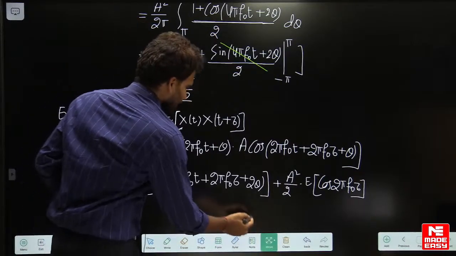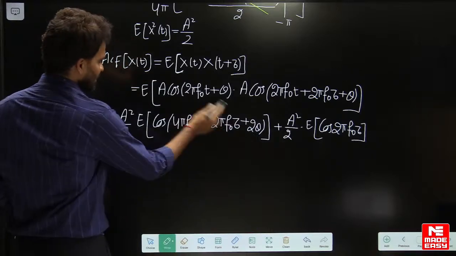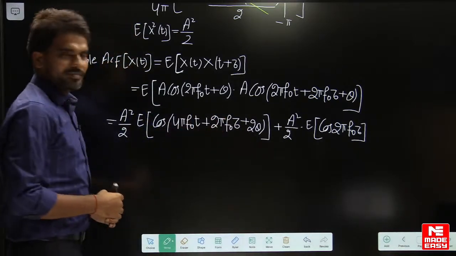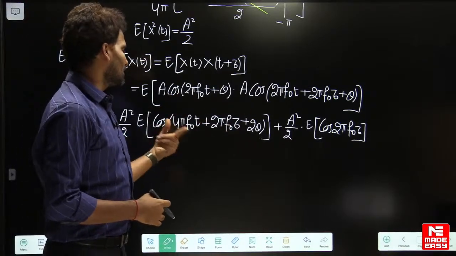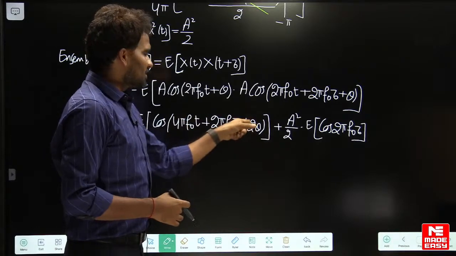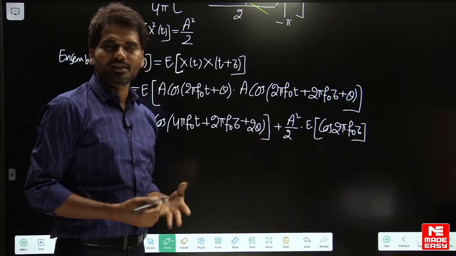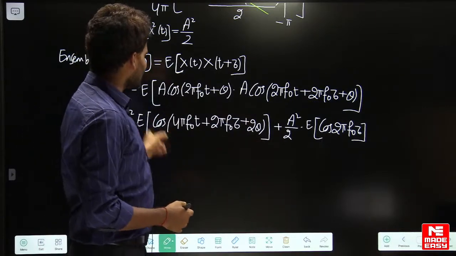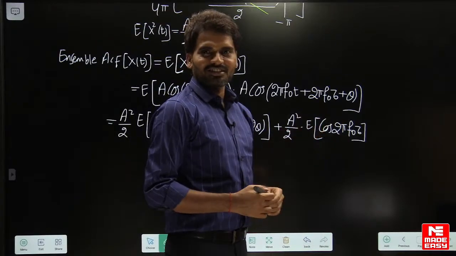I'm writing directly. If you find the expectation of the cos A plus B term, same as previous, you will get 0. This cosine is a function of theta, and theta is uniformly distributed from minus pi to pi, so its expectation is 0. And there are no theta terms in the other term.